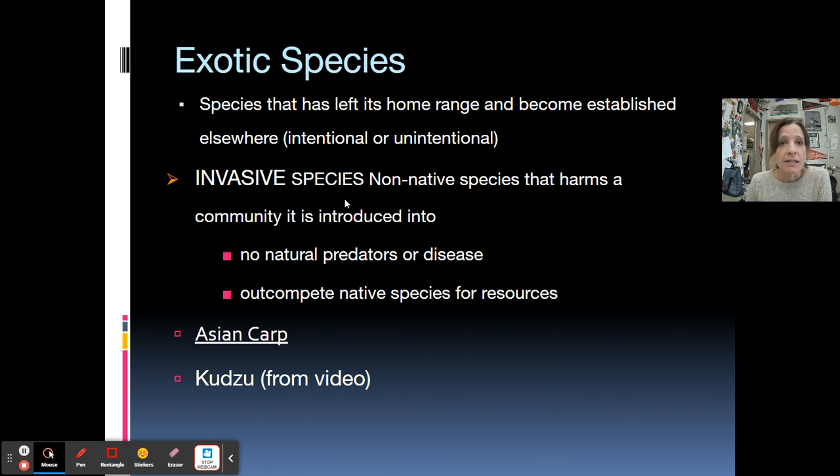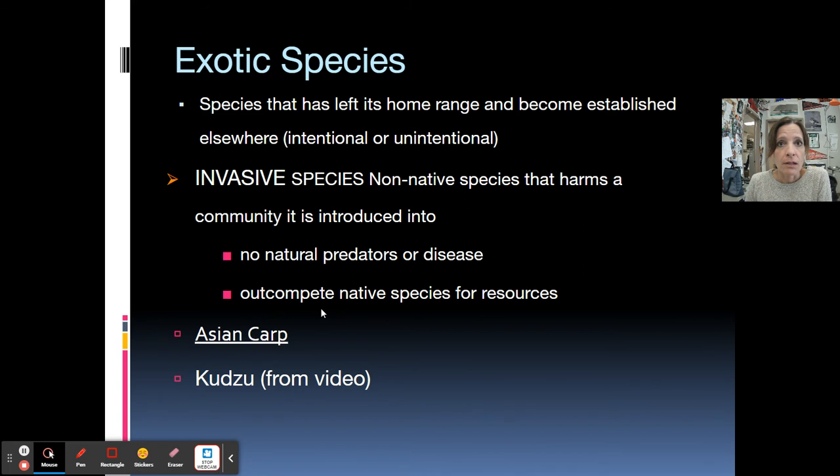The reason why invasive species populations grow and they often take over is because they have no natural predators or disease, right? They came from a different area with different predators and different diseases. So in their new habitat, they don't have a natural predator and they don't have any diseases that keep their population size down.